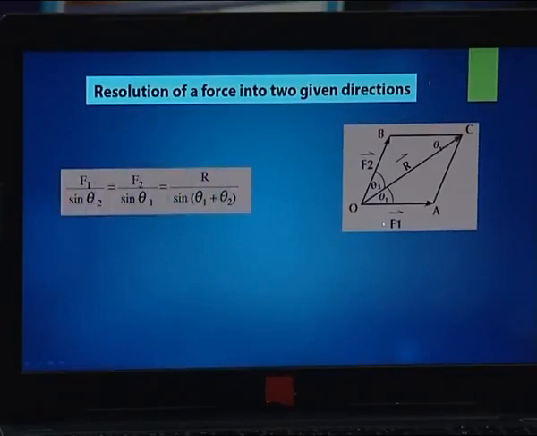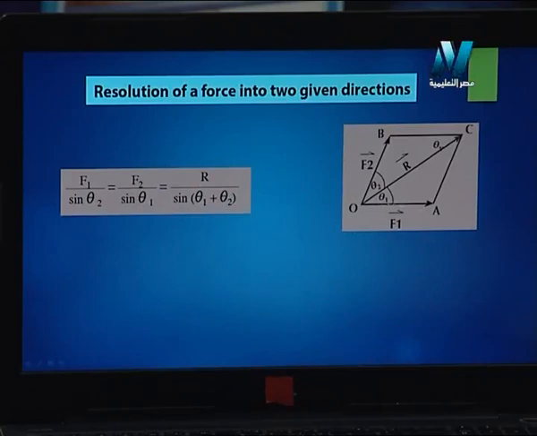We have here the rule that you use to find out F1 and F2: F1 over sine theta 2 equals F2 over sine theta 1 equals R over sine the sum of theta 1 plus theta 2. Try to concentrate with me.